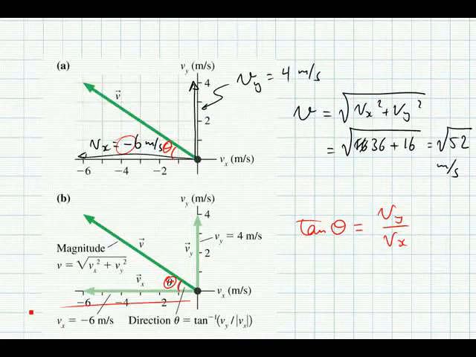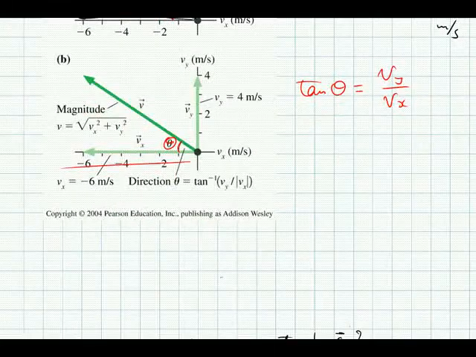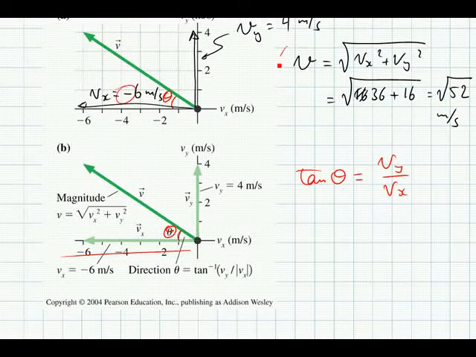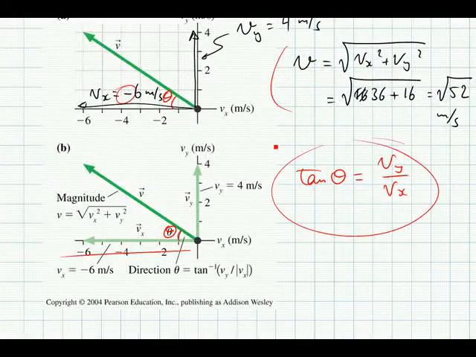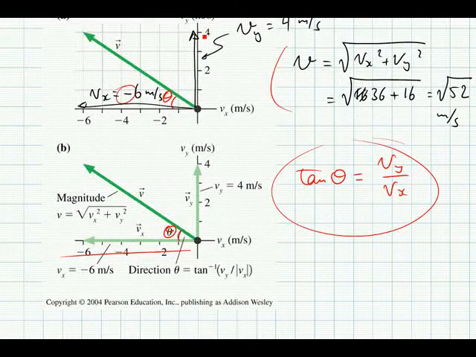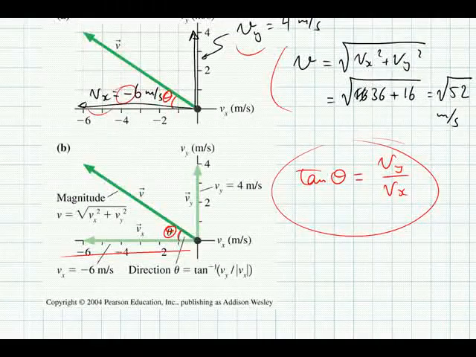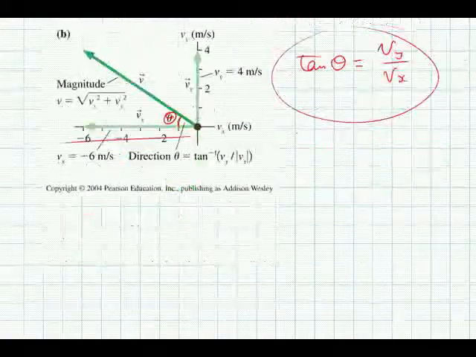Just spell out what axis you're measuring the angle with respect to. So you're using the Pythagorean theorem and the tangent of the angle to figure out both the magnitude and direction of a vector if you know its components.